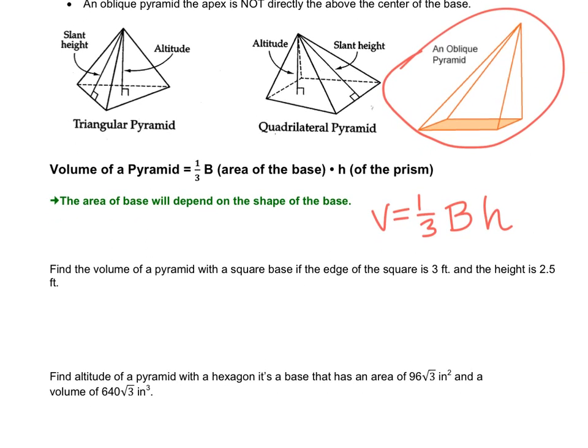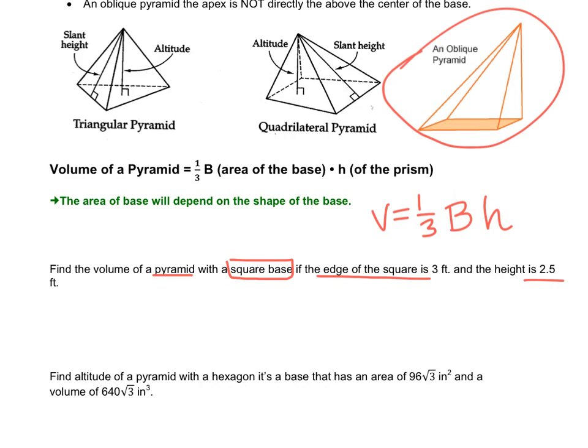Okay. So let's go through our first problem. We want to find the volume of a pyramid that has a square base if the edge of the square is 3 and the height is 2.5 feet. So the first thing we have to do is annotate our question so we know we're dealing with a pyramid. We know we have a square base, the edge of the square is 3, and the height's 2.5.